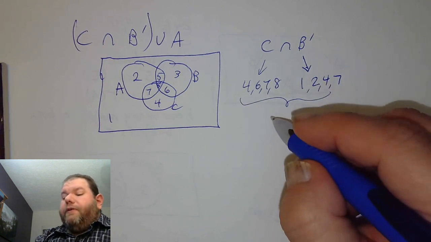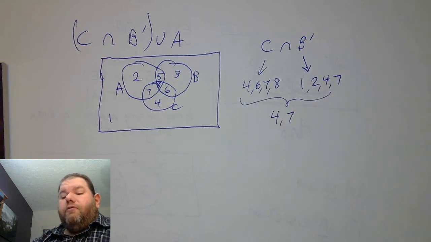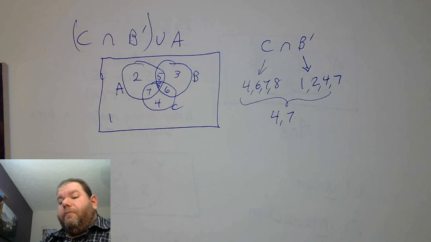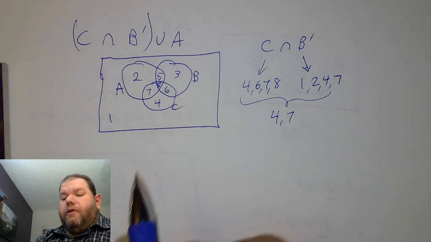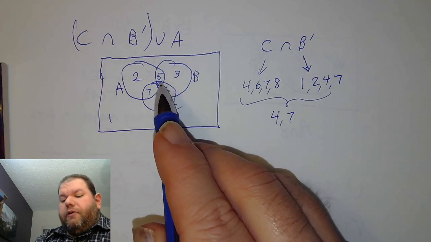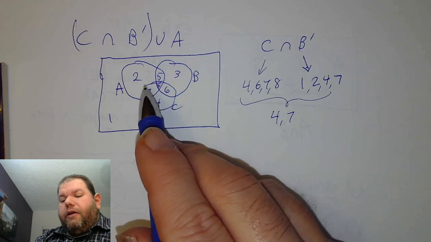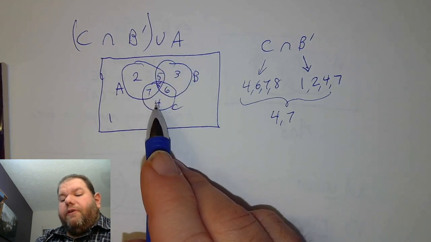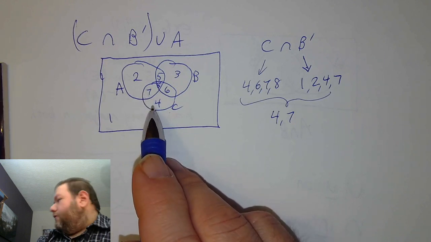So 4 and 7, those two represent the intersection. So we took the circle C and intersected it with everything outside of B, which results in these two areas here.